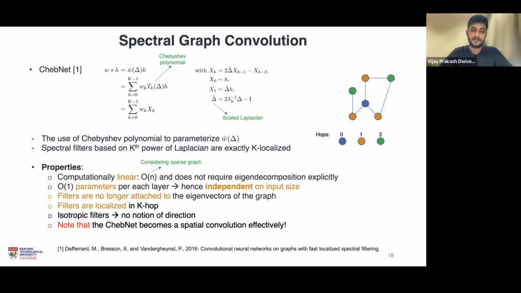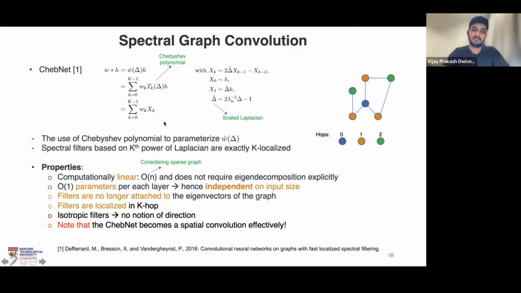So finally we come to a model, ChebNet, which has this convolution filter derived from parameterizing a spectral filter. But because it doesn't use any spectral eigendecomposition or multiplication in the spectral domain, it effectively becomes a spatial convolution.